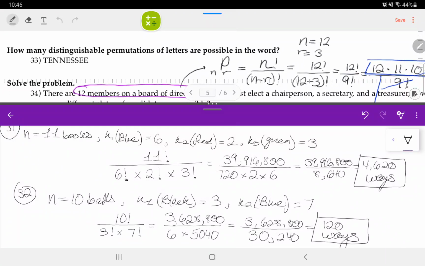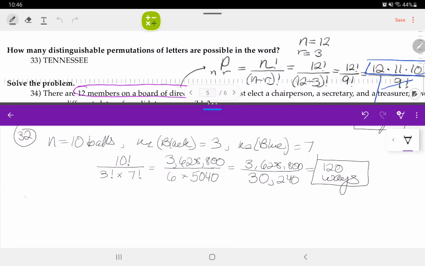Number 33. It says, how many distinguishable permutations of letters are possible in the word Tennessee? Let's first find out how many letters are in the word Tennessee. 1, 2, 3, 4, 5, 6, 7, 8, 9.